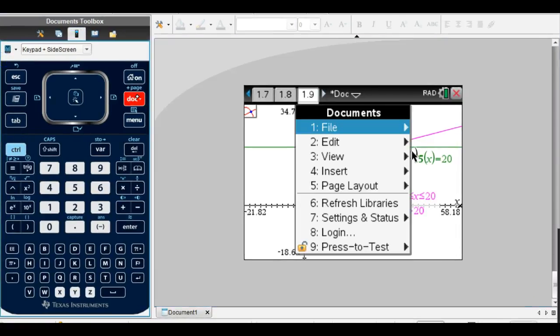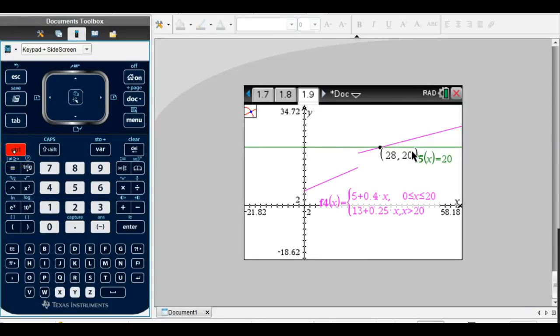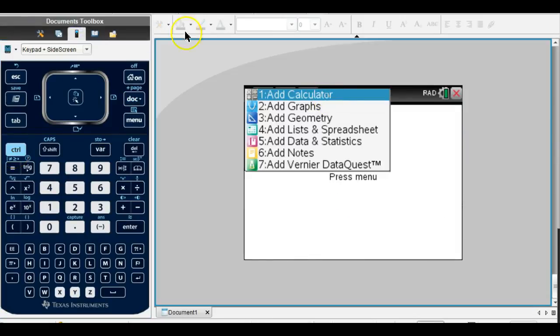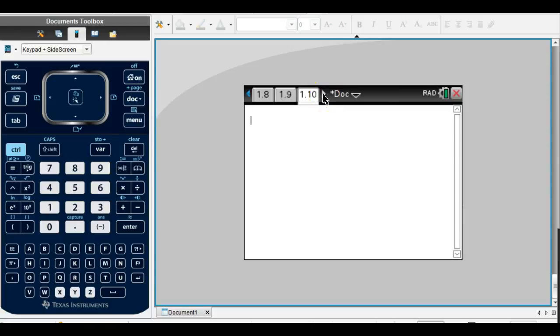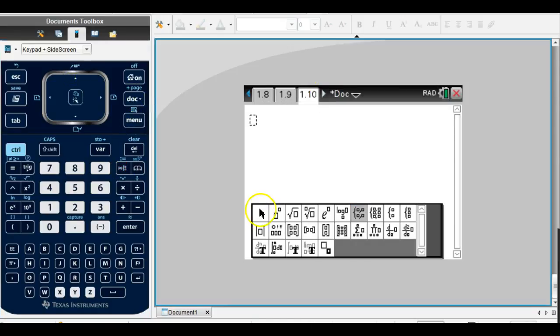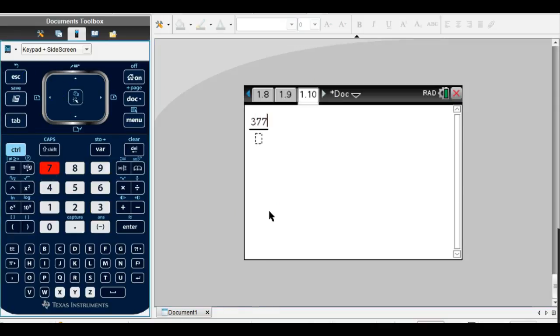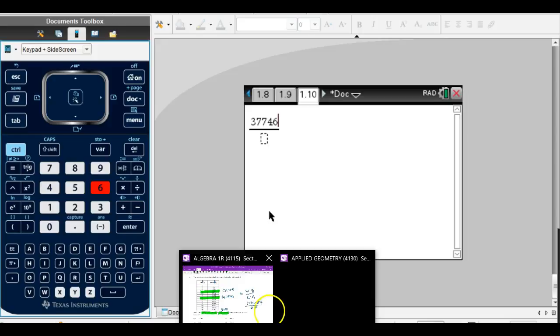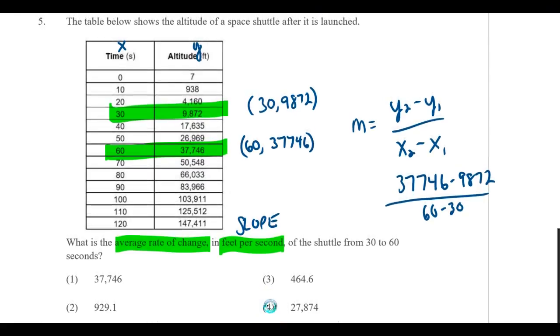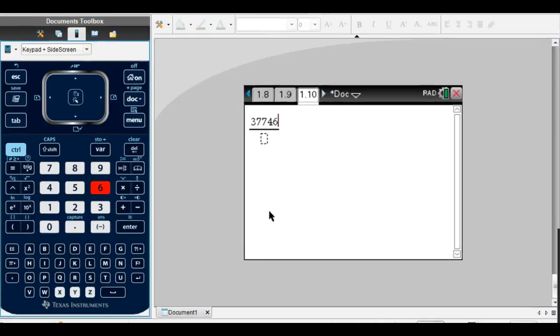So on a calculator page, I'm going to create a fraction that says 37,746 minus 9,872. And the denominator is going to be my x values, my change in x, which is 60 minus 30.